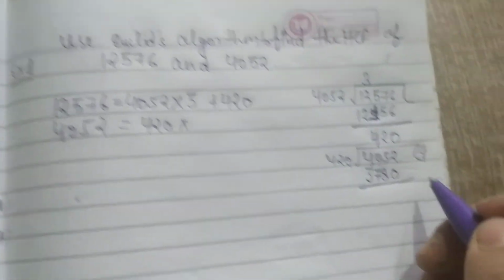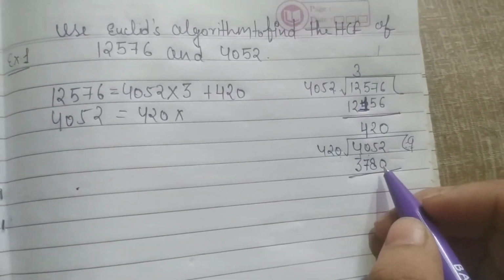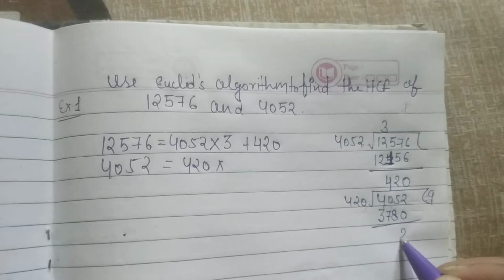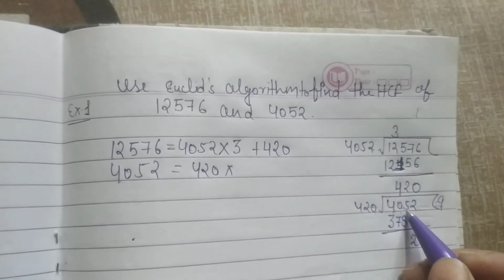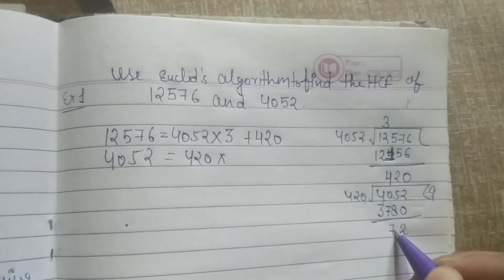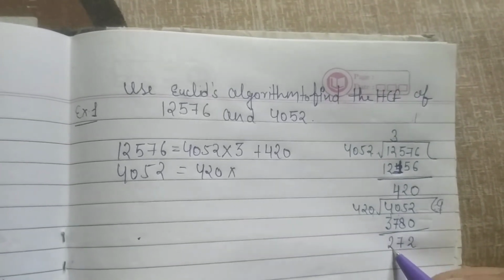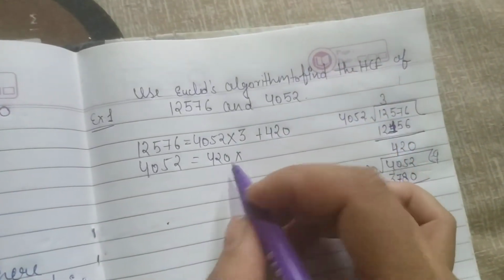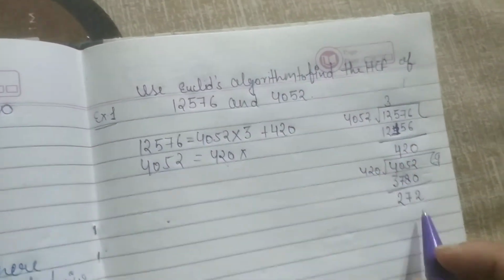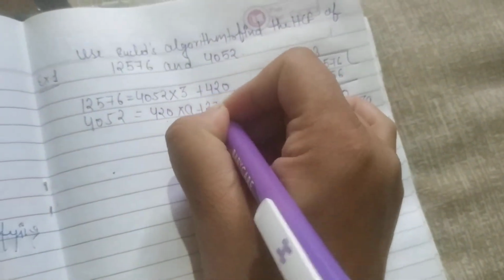Now we will subtract, and the remainder will come 272. So we write 4052 divided by 420: it goes 9 times, and the remainder is 272.